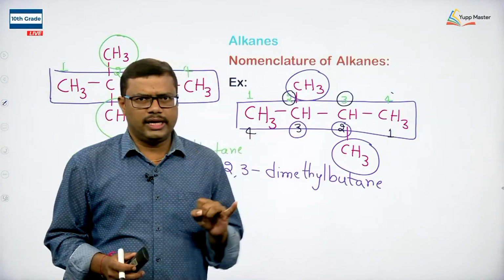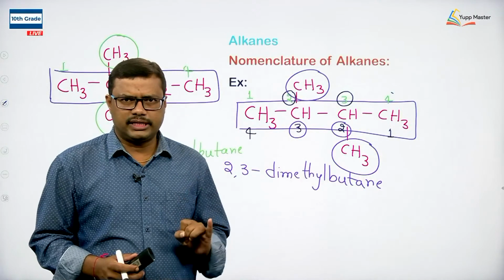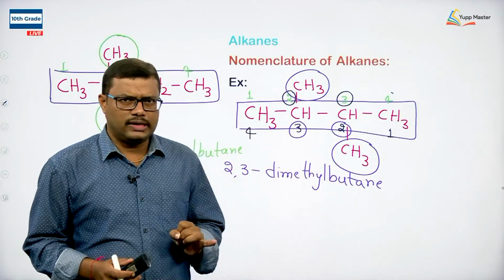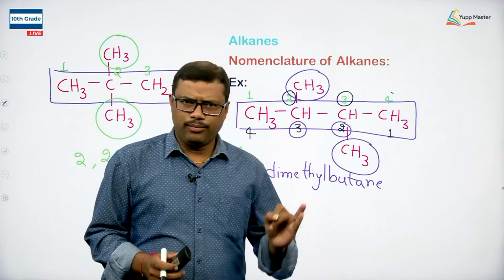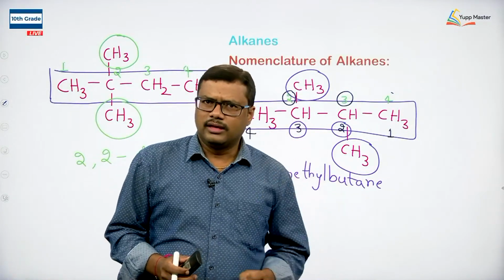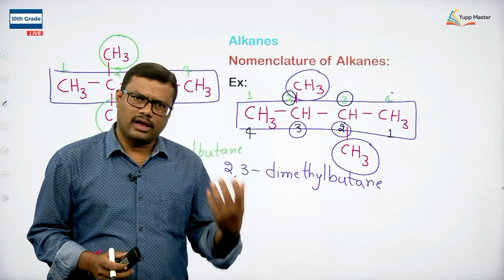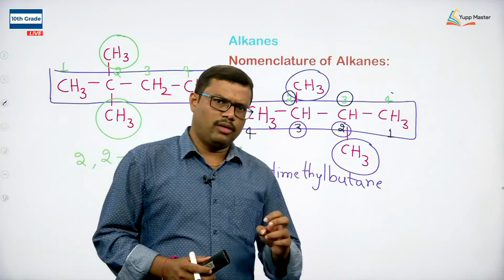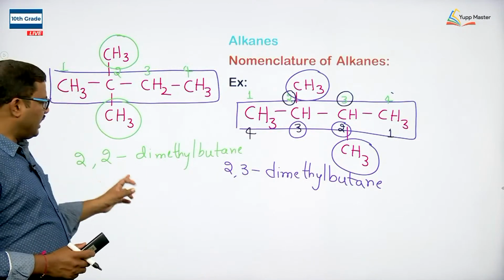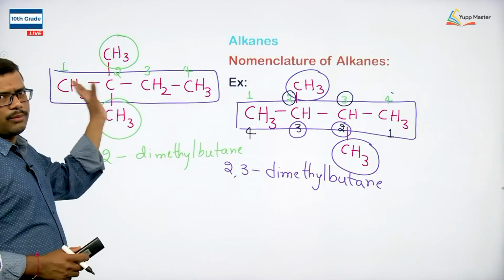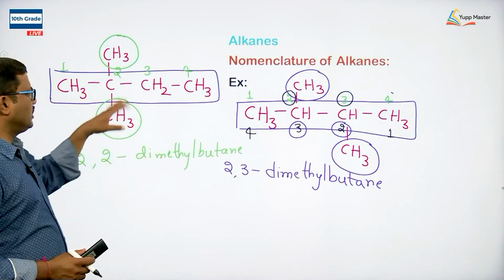The substituent name that is present on the parent chain, and also its location on the parent chain, is very, very important in naming substituted alkanes according to IUPAC nomenclature. So this compound is 2, 2 dimethyl butane. This is the IUPAC name.